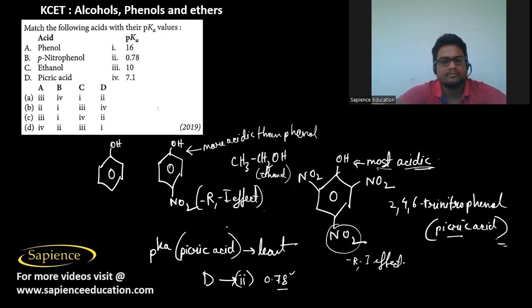Okay, then, so it means the acidic strength order, if you see, A is phenol, B is paranitrophenol, C is ethanol and D is picric acid.